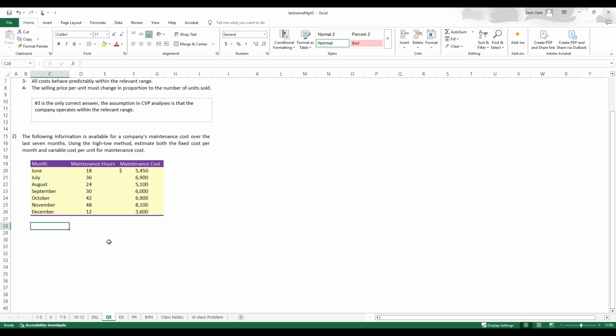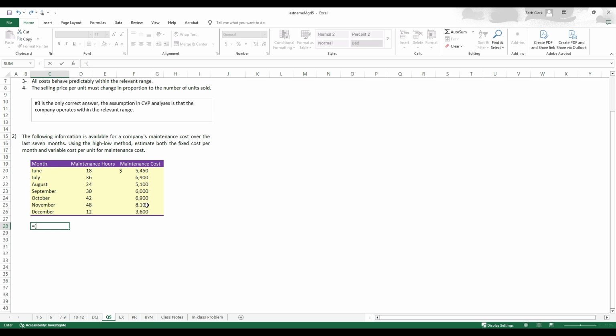Step 1 in doing this is to find our variable cost per unit. So remember, to do that, you can see it in the formula here. We're going to take our high month minus our low month in costs.